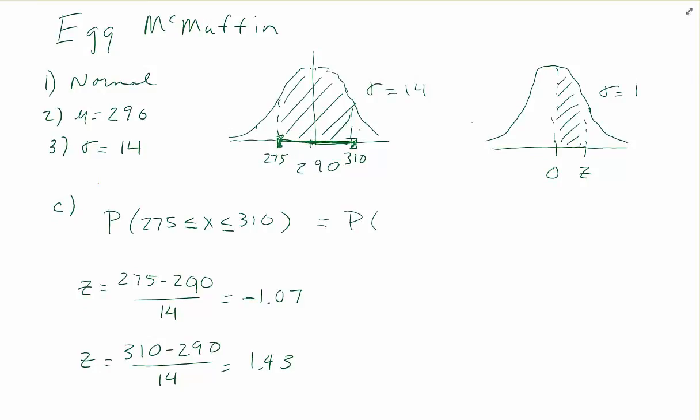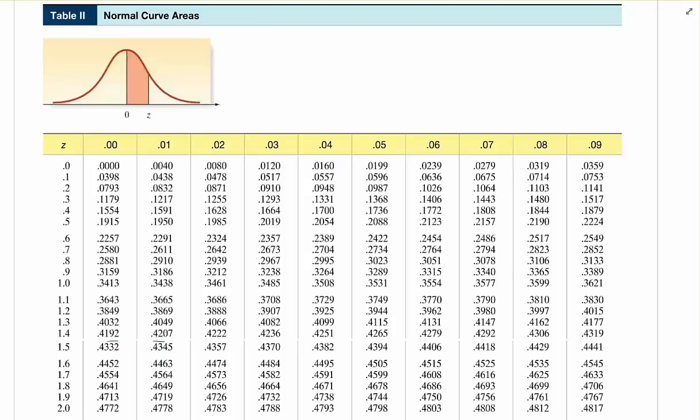So I'm going to need to go to my standard normal table and look up both of these. So for the 275, I've got 1.07. Again, these are positive values. 1.07, and that would be 0.3577.